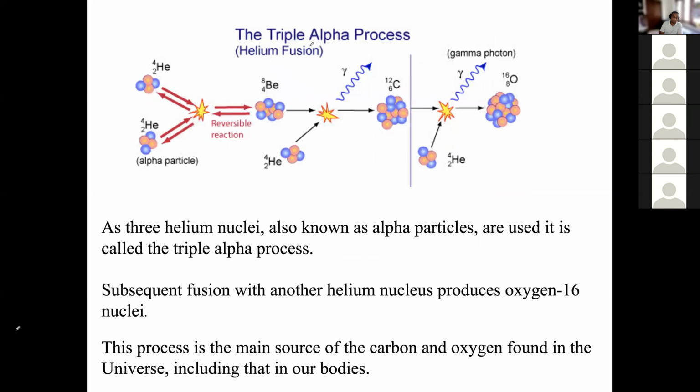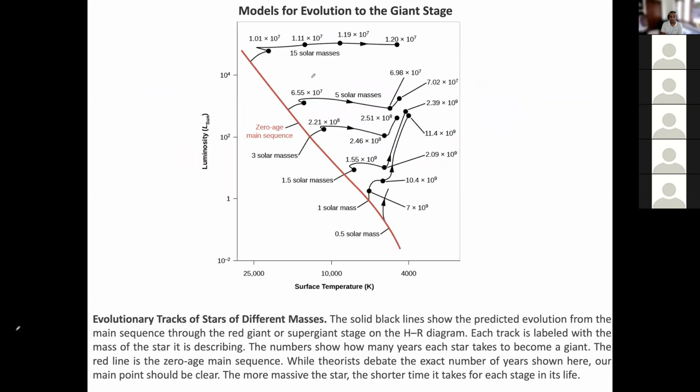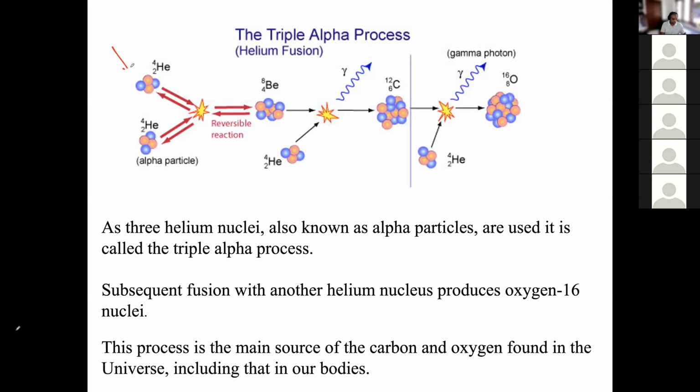Now, let's see what happens inside the star, right? I told you that there is helium inside the star. So when you have helium, there is a nuclear reaction that would happen. You have two helium alpha particles here.